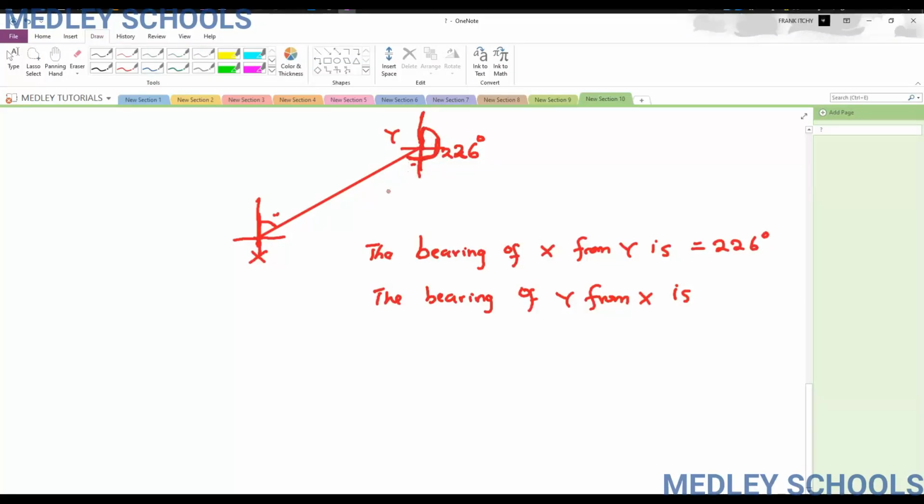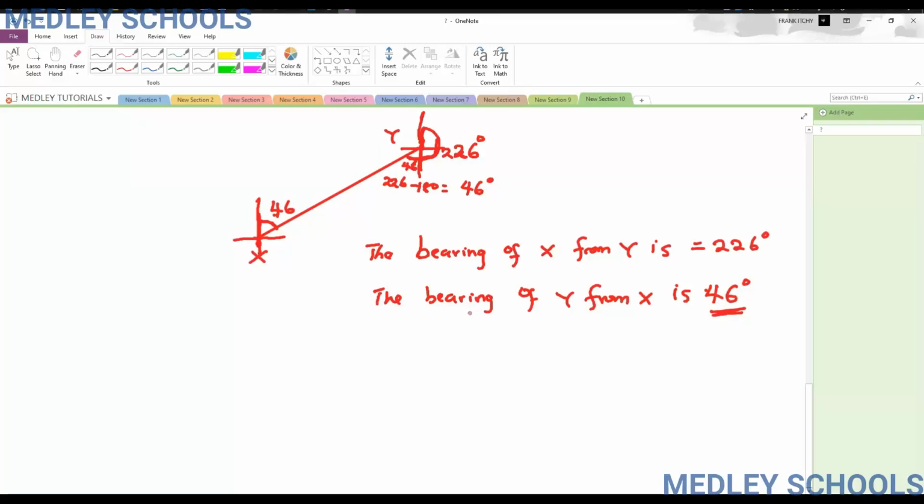So to know this side, we have 226 minus 180. That gives us 46 degrees. Now if this is 46 degrees, then this is also 46 degrees. And remember, the bearing of Y from X is from here to here, which is equal to 46 degrees. Now that has answered the bearing of Y from X.